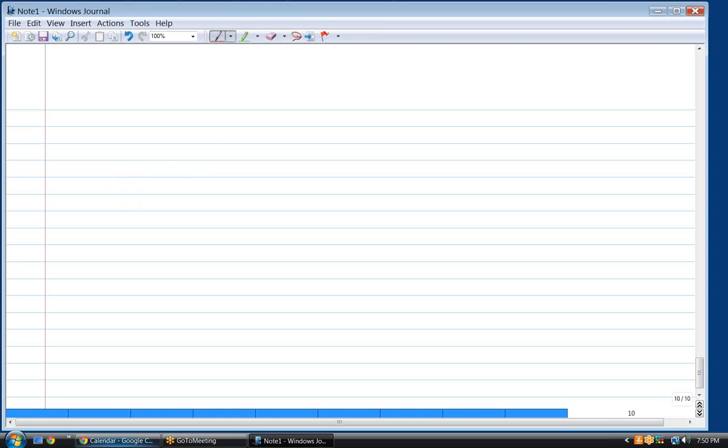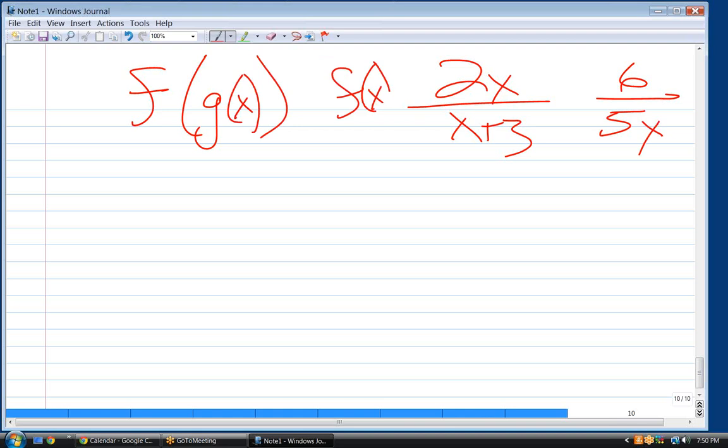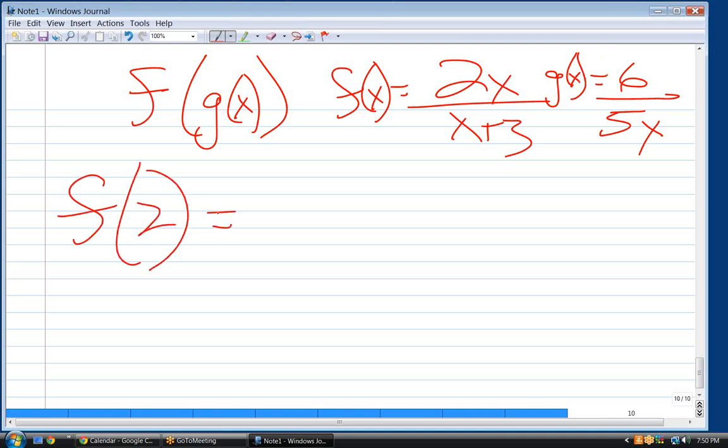What else? Find f of g of x if f of x equals 2x over x plus 3 and g of x equals 6 over 5x. If I said to you, what is f of 2, how would you do it?